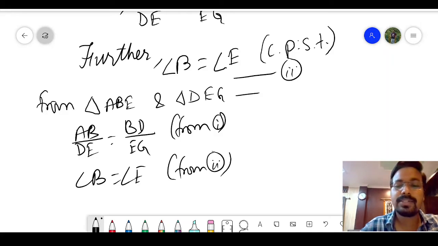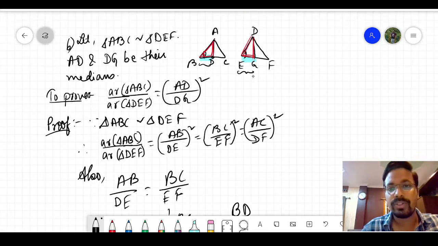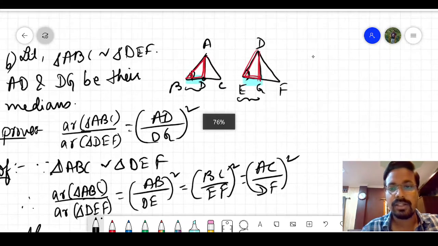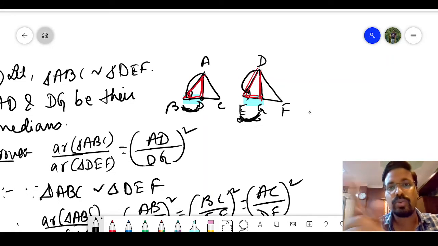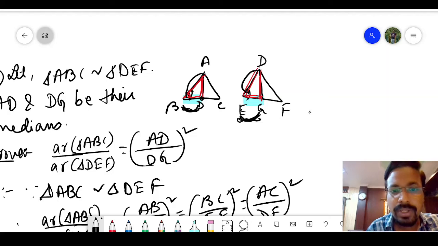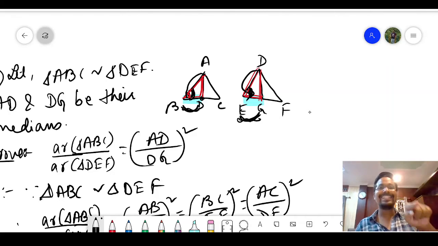So what does this show us? That two sides are proportional and one angle is equal. If you look into the diagram here, we have said that AB by DE is equal to BD by EG. That means two sides are proportional. Along with it, the angle that lies between the two sides is equal. So it is like the side angle side postulate.